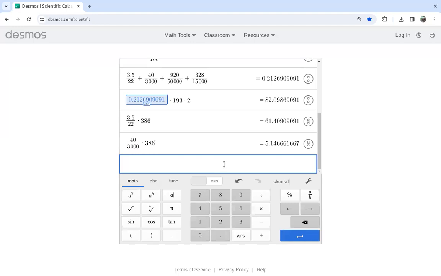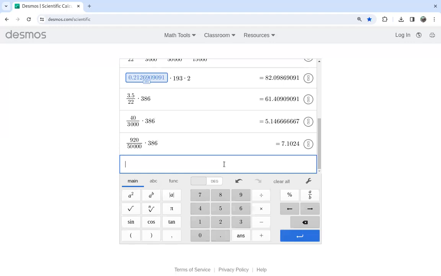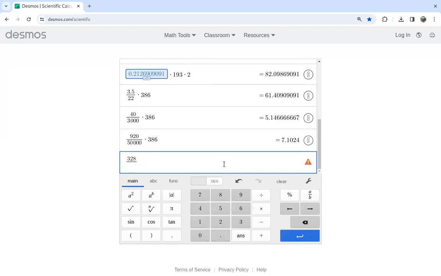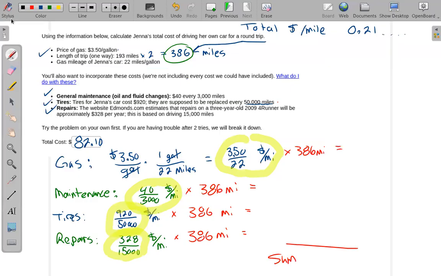And then the 920 divided by 50,000, multiply that by 386 miles, and the last one, 328 divided by 15,000, times 386. So let's bring those over here so I can write them down in my notebook.